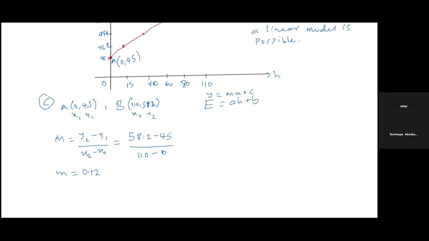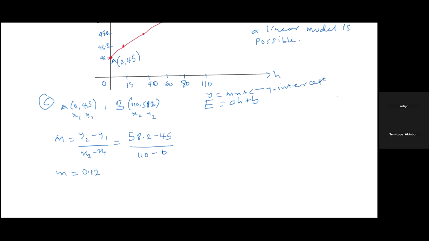Don't forget that C here means y-intercept or vertical intercept. So that will be 45.